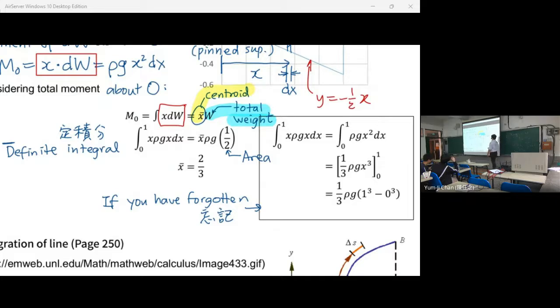So we put this factor here, that x bar is equal to 2/3. So please take a look at this part at home. And of course, I will have exercises on this. Don't worry.